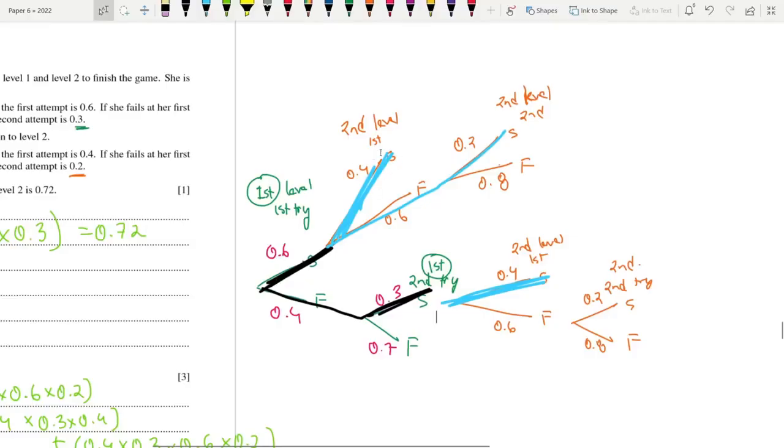So it's basically 0.4 in this one, or 0.6 multiplied by 0.2. Okay, so that's 0.4. Wait, let me show you.